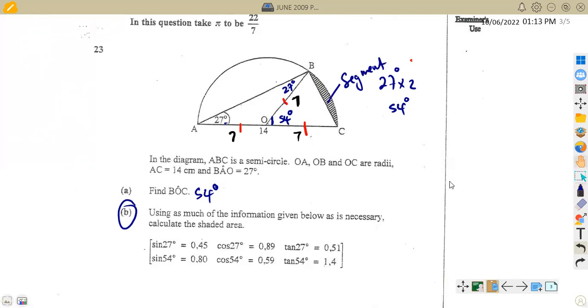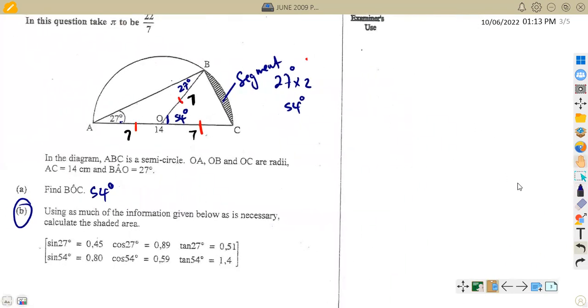So to find the area of a segment, we have to find the area of a sector. So this shaded part that we are talking about is actually equal to the area of the whole sector minus the area of the triangle, because you have calculated the sector, then you calculate the area of the triangle that we are referring to. Now we are referring to triangle BOC, minus area of triangle BOC.